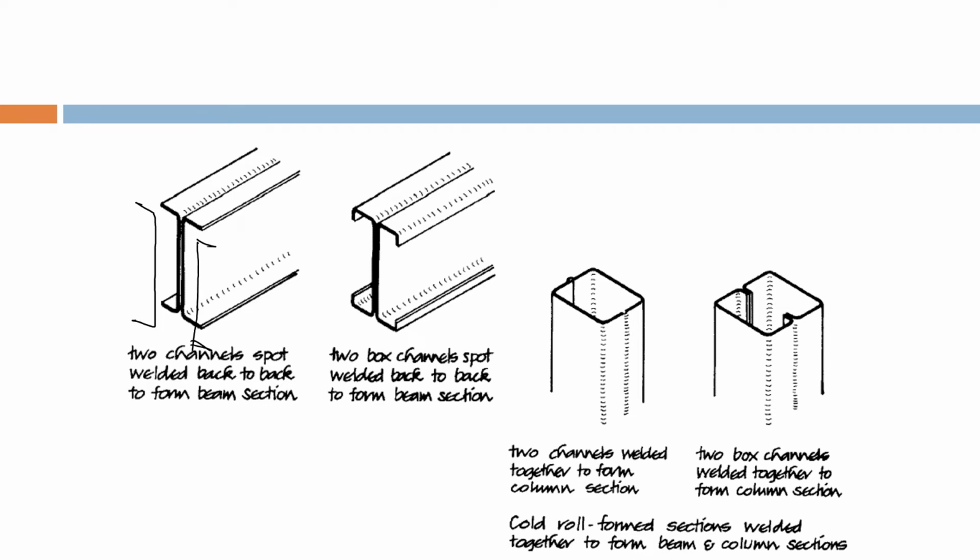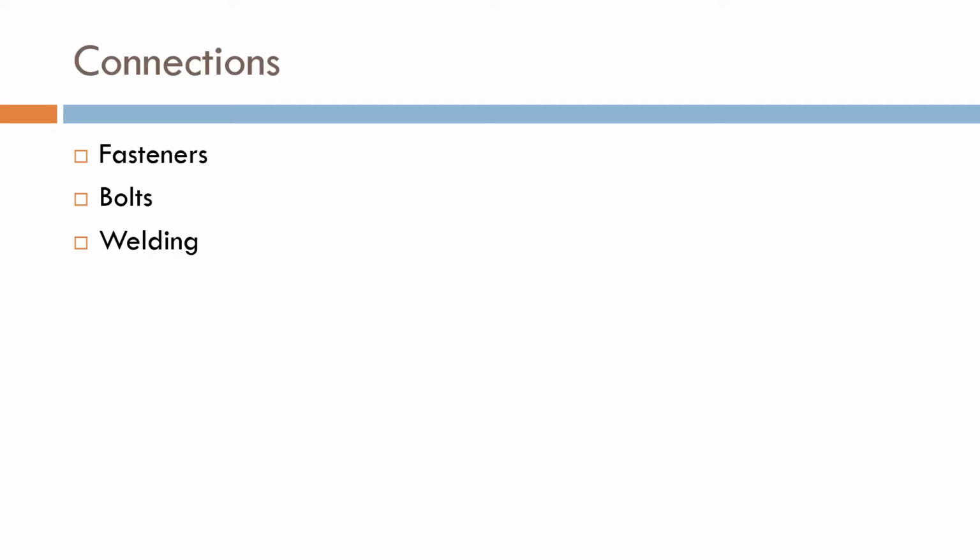And they have done a similar thing with a box section as well, and created a hollow member like this. So there are several ways which you can use to mold and create different kinds of members using cold or hot roll sections.